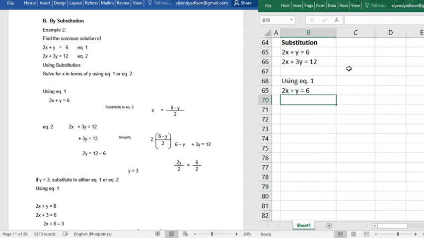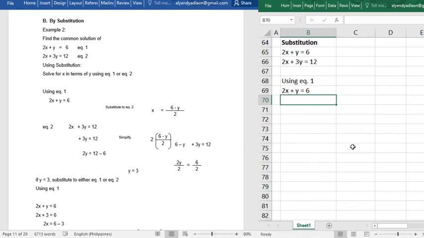What we're going to do is let x be the one that is left on this side, and then transfer 2 and y to the other side.